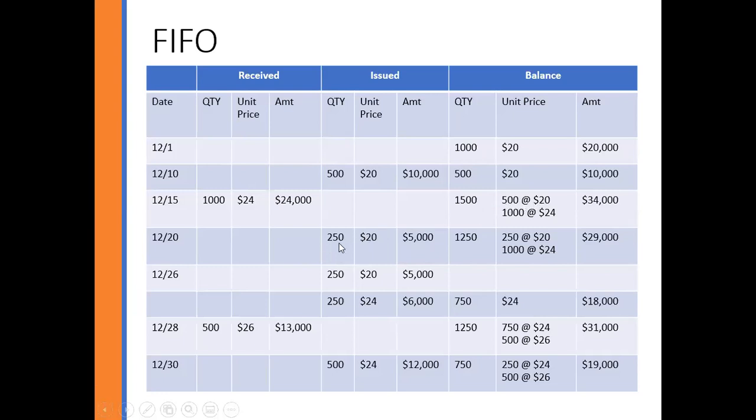They had a cost of $20 each. That's 5,000. We had 1,500 and we used 250, so now we're down to 1,250 units. Of those 1,250, 250 cost $20 each and 1,000 cost 24 each. If we do the math, that means we've got total materials of 29,000.